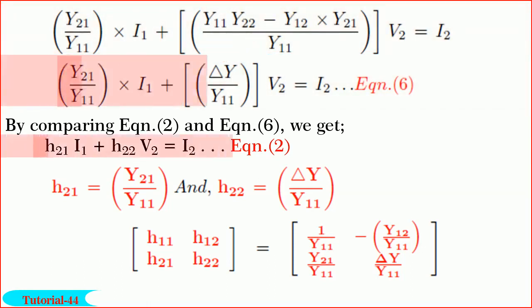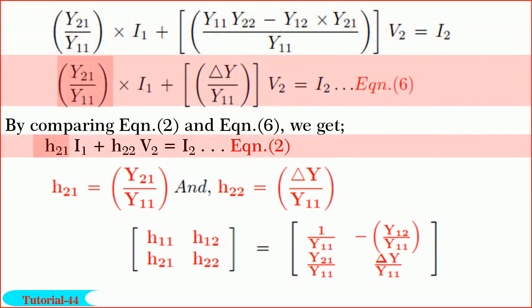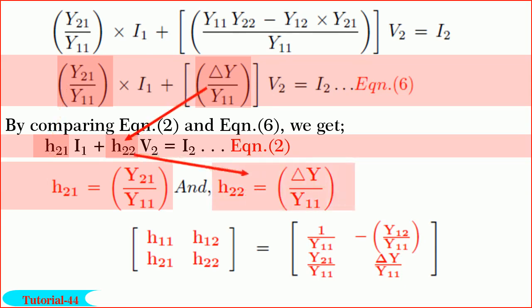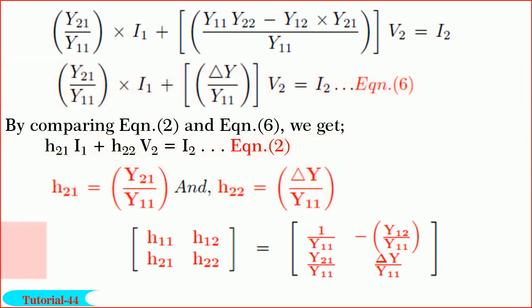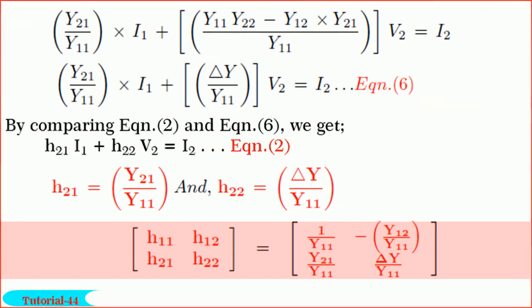By comparing the coefficients of I1 and V2 of both equations, we get H21 is equal to Y21 upon Y11 and H22 is equal to delta Y by Y11. The expressions obtained are represented in the form of determinants as shown. Is it not simple, friends?